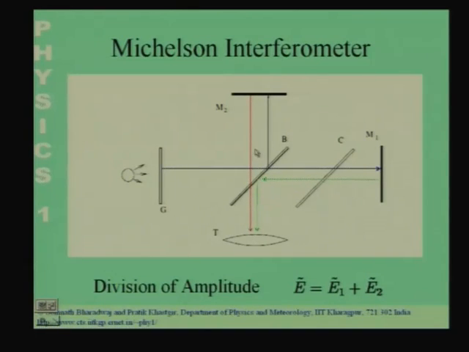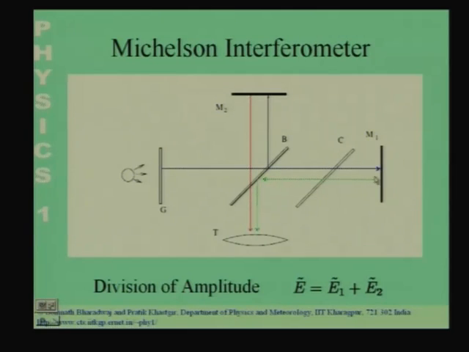So, the amplitude of the incident wave front is divided to produce two wave fronts. These two wave fronts traverse two different paths along the two different arms of the interferometer.